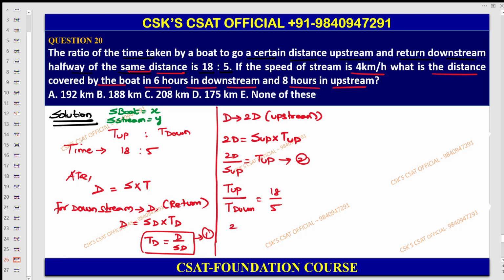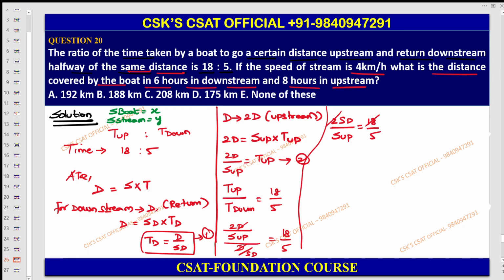Upstream time is equal to what? 2d by the speed of the upstream, divided by d by the speed of the downstream, which is equal to 18 by 5. So now d and d get cancelled, and the denominator gets reciprocal. Therefore 2sd by the speed of the upstream is equal to 18 by 5.